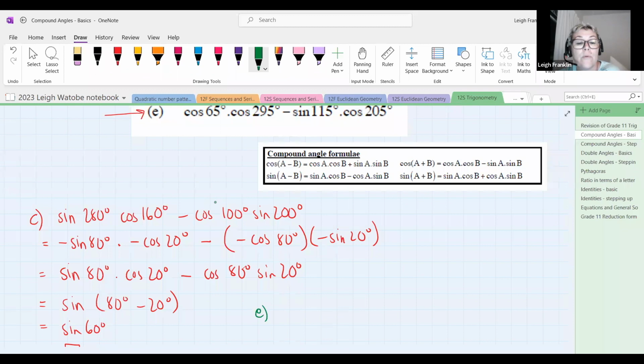Ma'am, my final answer, I got cos 90 degrees, and then the simplest I got 0. Okay, all right, that's fine. So just explain to me what you did in your second line of working. So you would have obviously kept cos 65 as cos 65, right?